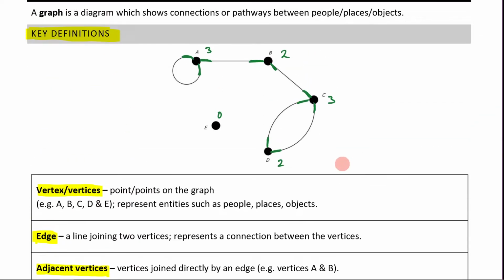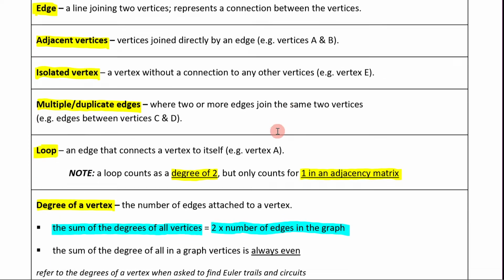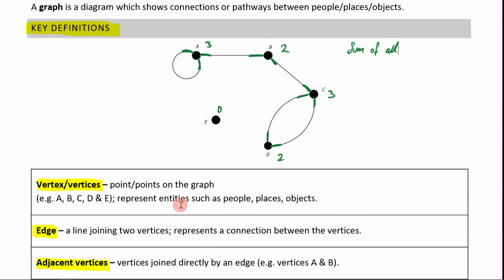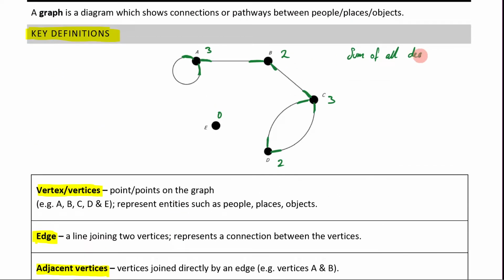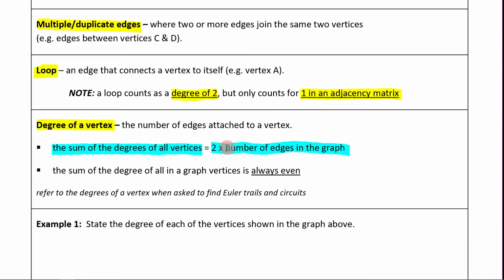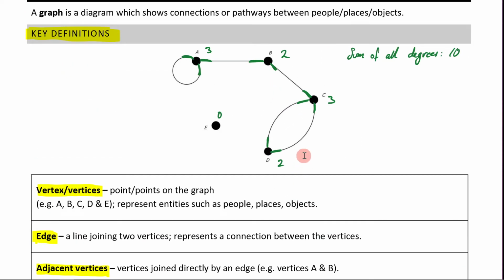I'll just say sum of all degrees. 3 plus 2 is 5, plus 3 is 8, plus 2 is 10, and then 0 does nothing, so 10. So the sum of all the degrees here is 10. And what this is saying is that 10 is going to be equal to 2 times the number of edges in the graph. Well, let's come up here and count the number of edges I have.